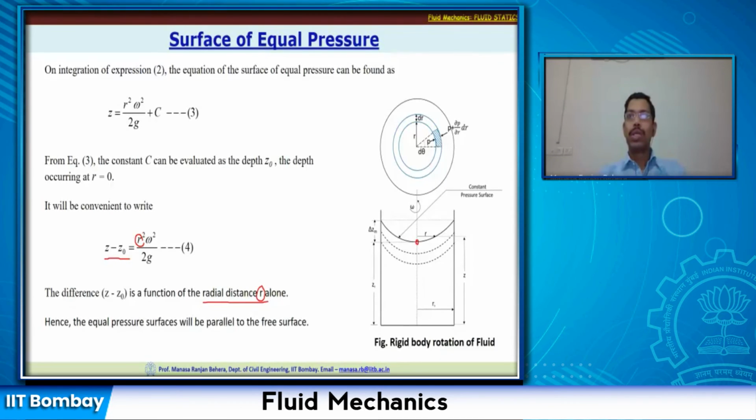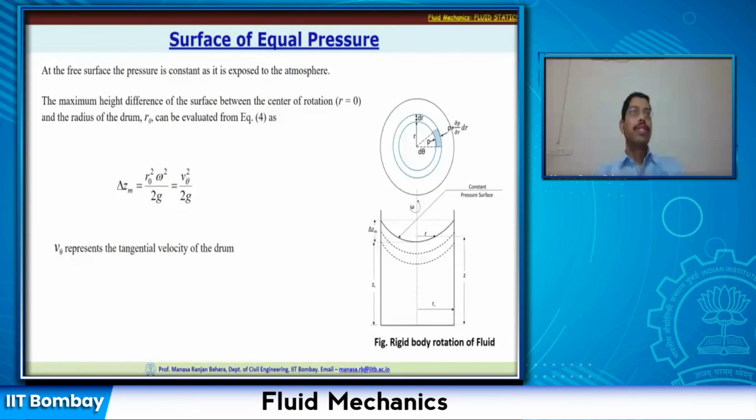So we can immediately tell that at any distance, if I take any point z, so z minus z0 is going to be a function of r only, and if I have this free surface, then the pressure is equal, and then if I want to draw equal pressure lines, they will all be parallel to each other.